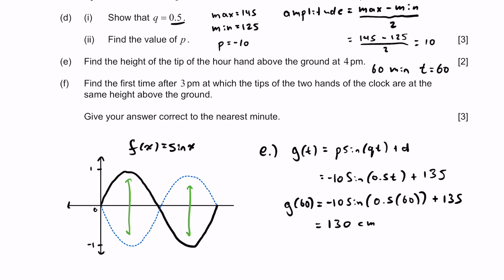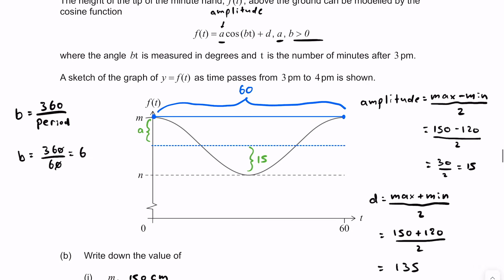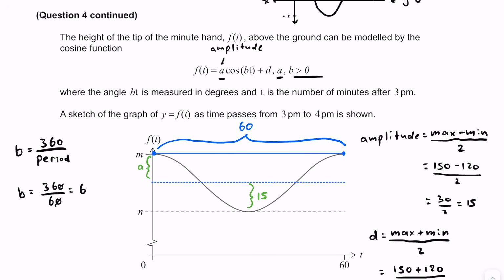We have two functions that we've created on the way to this step. We've got g of t, and g of t tells us the height of the hour hand at any particular time. And then earlier, we found out all of these variables right here, which allowed us to essentially write out, if we wanted to, f of t.